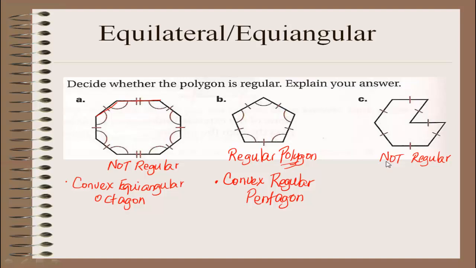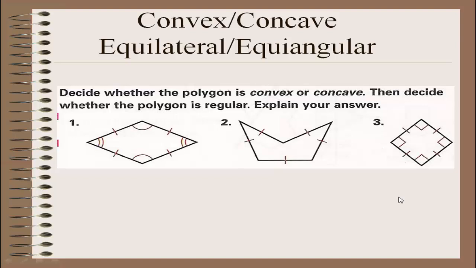And it is concave. I can say this is a concave equilateral. And let's see how many sides. 1, 2, 3, 4, 5, 6, 7 sides. That's a heptagon. So this is a concave equilateral heptagon.